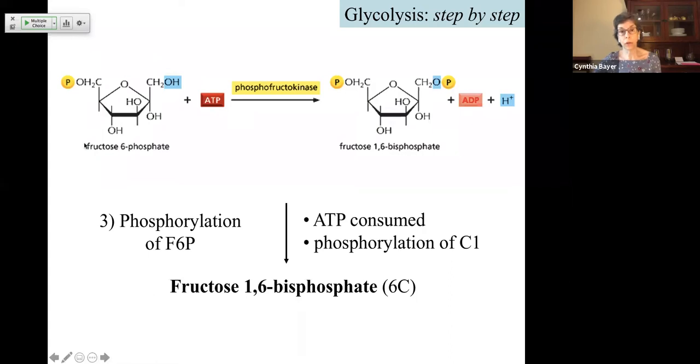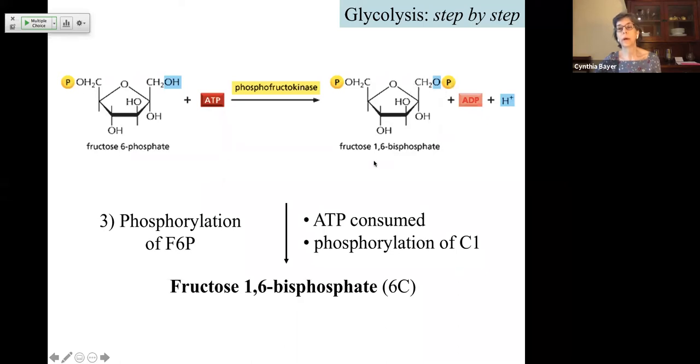And therefore, this ATP is consumed, ATP hydrolysis occurs. That is the spontaneous reaction that's driving this reaction forward, right? From left to right.